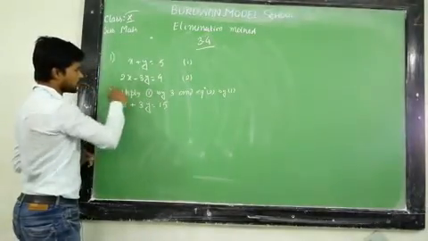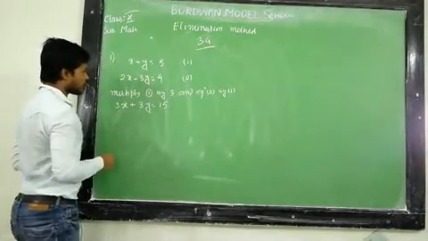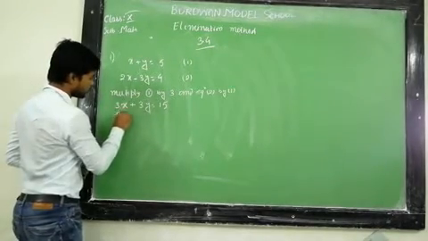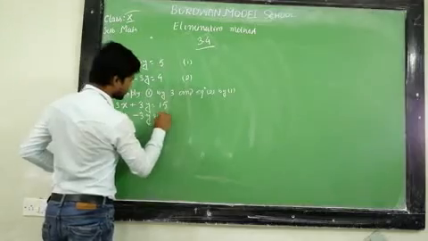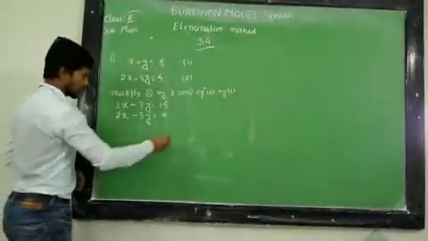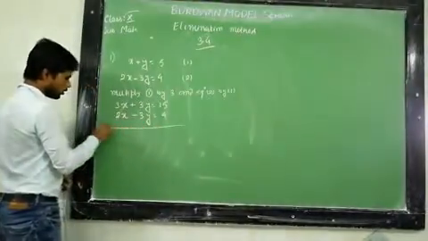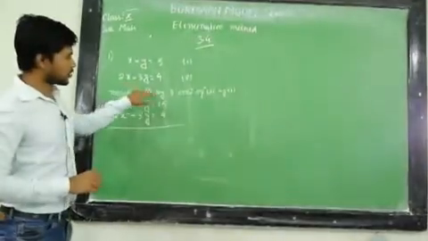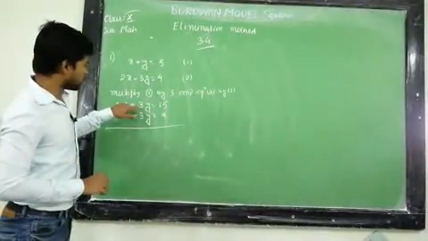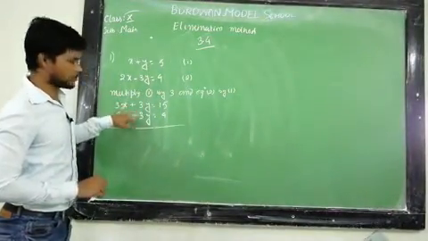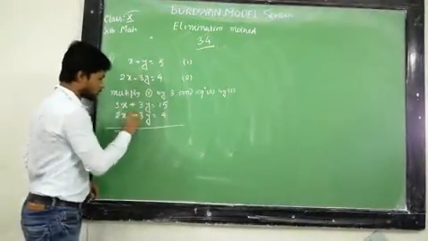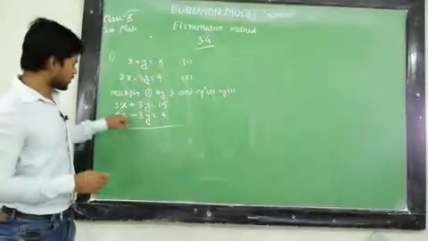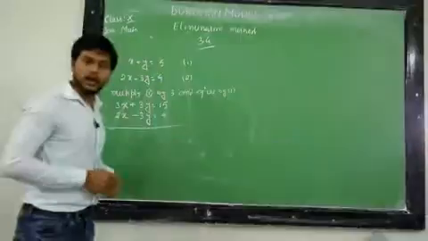And if you multiply the second equation by 1, we have 2x minus 3y is equal to 4. Now look, by multiplying in such a way, the coefficient of y in these two equations is the same. Now look at the sign, one is plus and one is minus. I told you if the signs are opposite, then we have to add them.